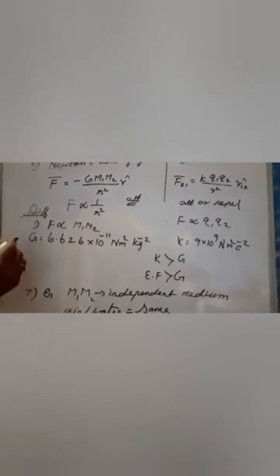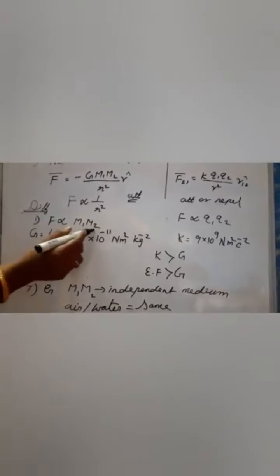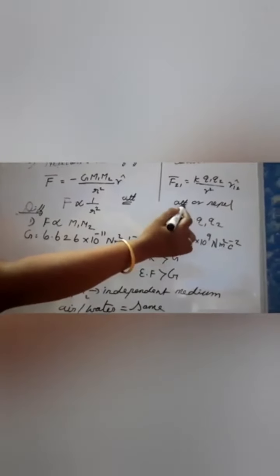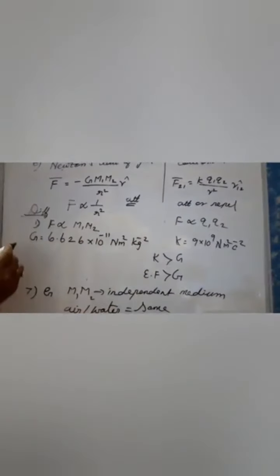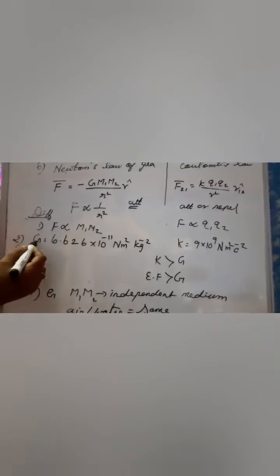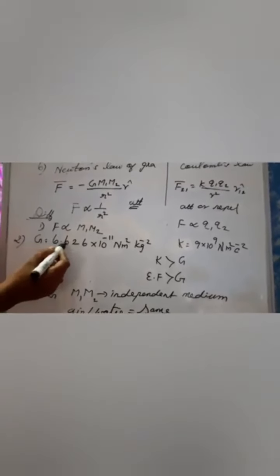Because of that first difference, the two masses are attractive, and in Coulomb's force, the two charges are attractive or repulsive. Next, the second point: the value of G equals 6.626 into 10 to the power of minus 11 Newton meter square kg to the power of minus 2.